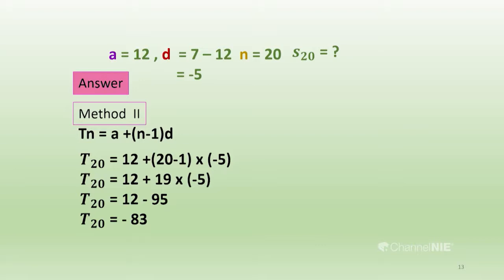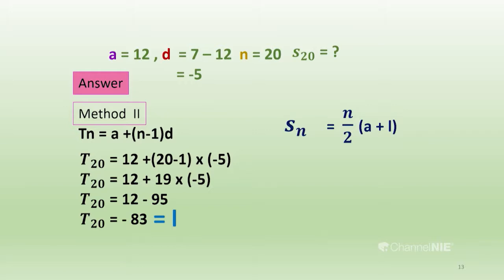Okay, children, why have I found this T20? To apply the next formula. Here T20 means L. Then I am going to substitute into the formula Sn equals n over 2 times a plus L. I found L, I know a, I know n.